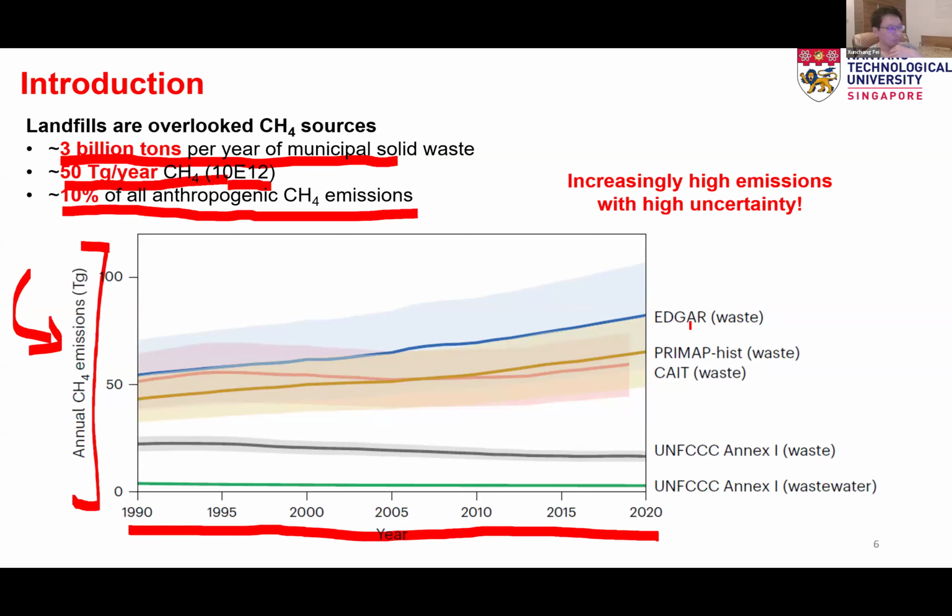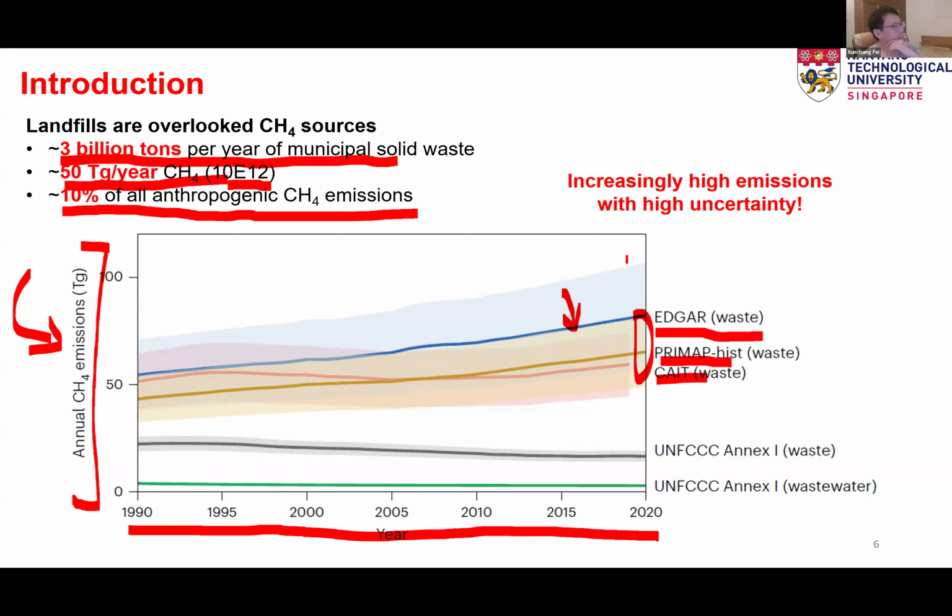So I did find a few official, or I shouldn't say official, but pretty comprehensive sources showing the amount of methane emission from waste alone. What you can see here is that they show the increasing trend, which is not surprising. And then the total amount is, more or less, 50 tetragrams (Tg) per year.